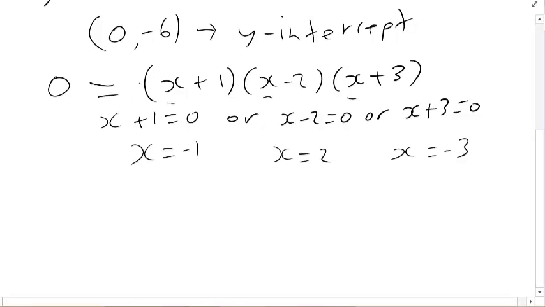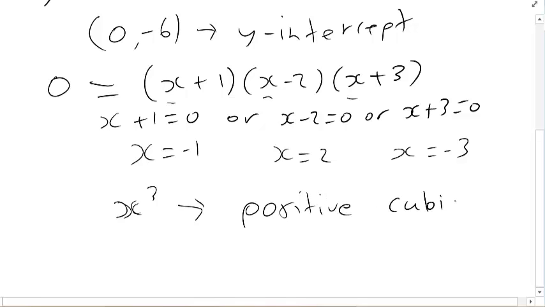So if there was a negative out there, I'd have to include that too. There isn't in this case. X times x times x gives me x cubed, positive x cubed in fact, which means that we have a positive cubic. The cube is positive, so therefore I have a positive cubic.